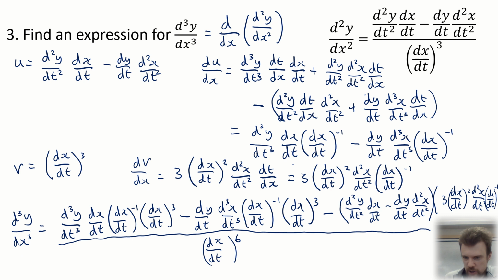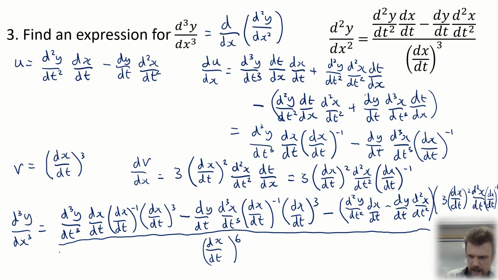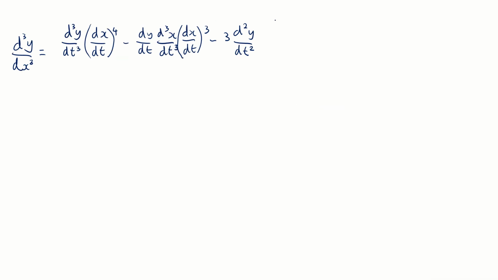So again, ignoring the dx over dt to the power minus 1, we've got a d squared y over dt squared. We've got a 3, so let's start off by writing that 3, and it's a minus as well, so minus 3 d squared y over dt squared. We have a dx over dt all to the power of 3 in the end.